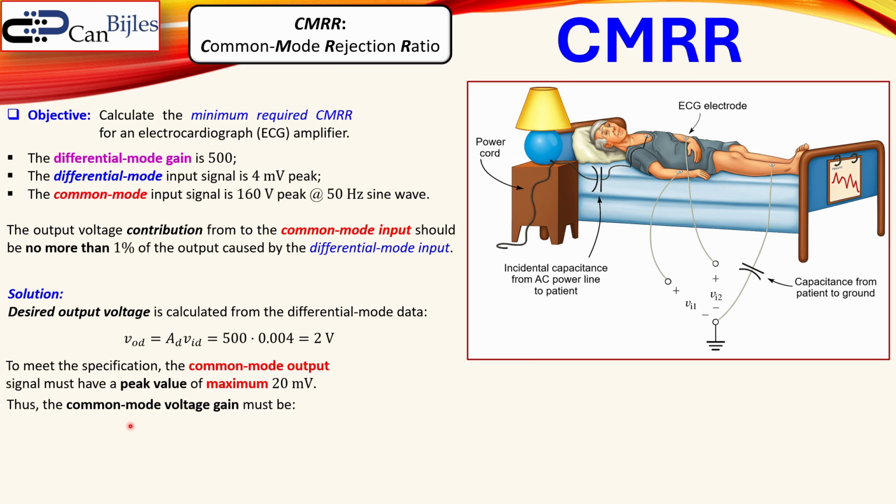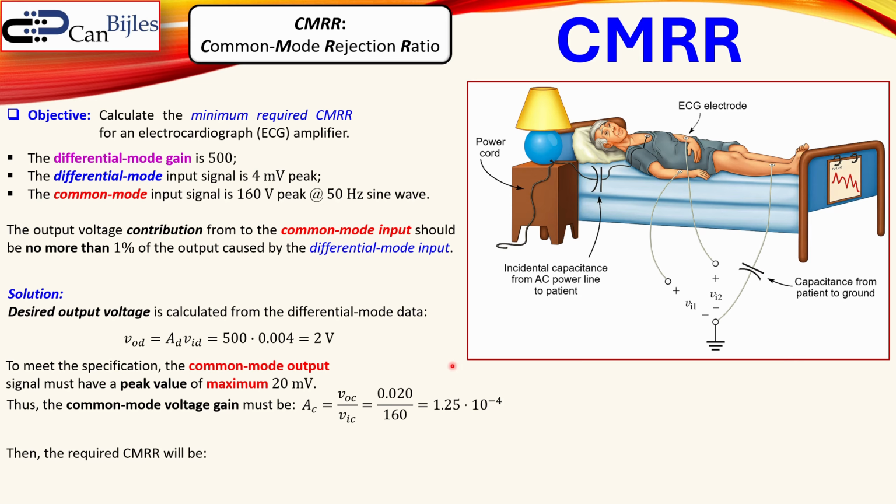Now that means the common mode voltage gain is this 20 millivolts divided by this 160 volts. This is the common mode output voltage divided by the common mode input. This is the gain we want maximum for our common mode part. So 0.02 divided by 160, you get here 1.25 times 10 to the power minus 4.